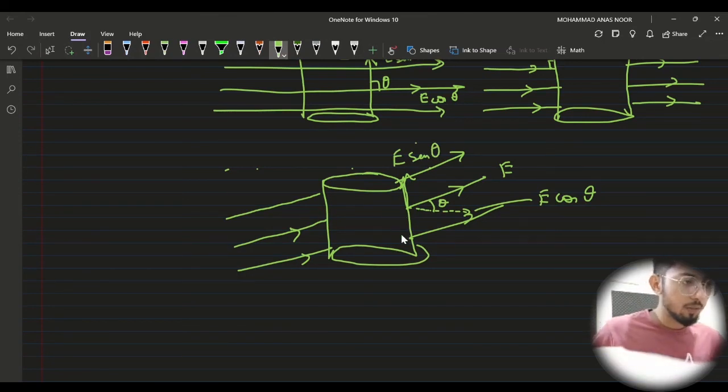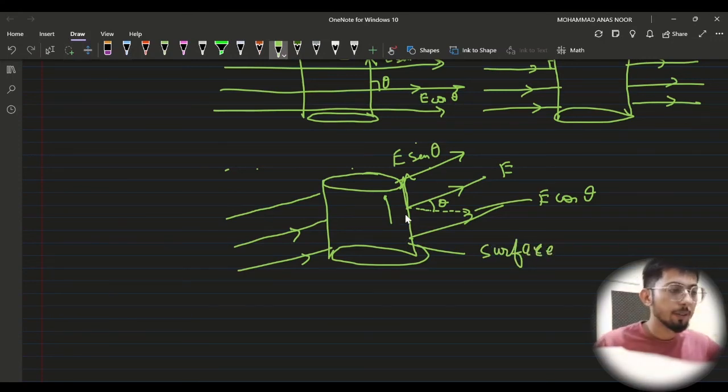So if this is E sin theta, then on the surface of this conductor there is some electric field, right, which is in this direction from bottom to top. And when there is some electric field from bottom to top, this will help in rearranging the charges that are inside the conductor. What does that mean?